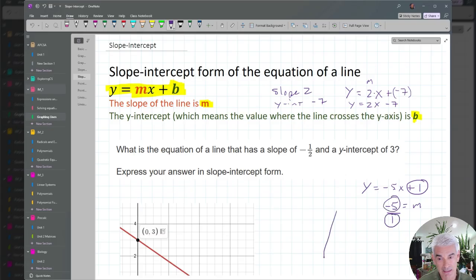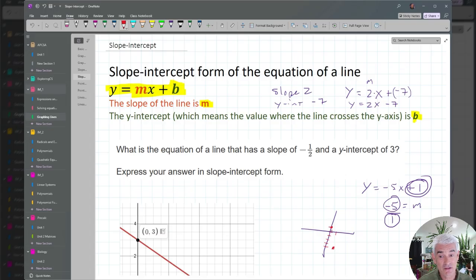So just quickly sketching a little graph here. Y-intercept of 1, so I know the place where it crosses the y-axis is up here at 1. And then it has a slope of -5. So from any point down the line, I can go down 5, 1, 2, 3, 4, 5, and then to the right 1. Here is a point that's on my graph.